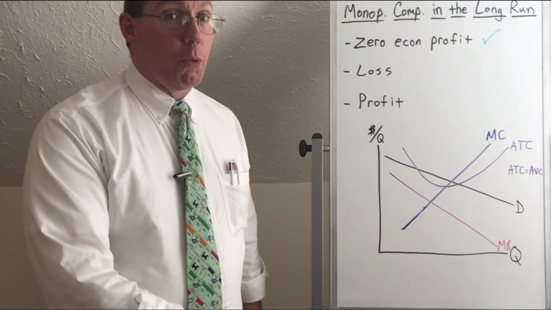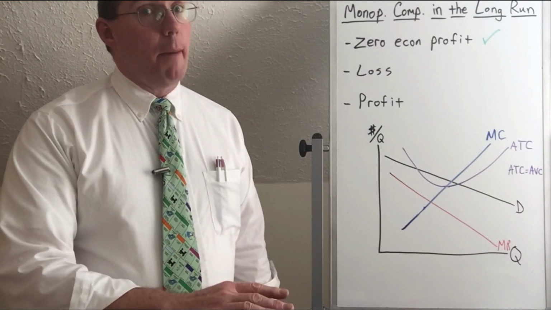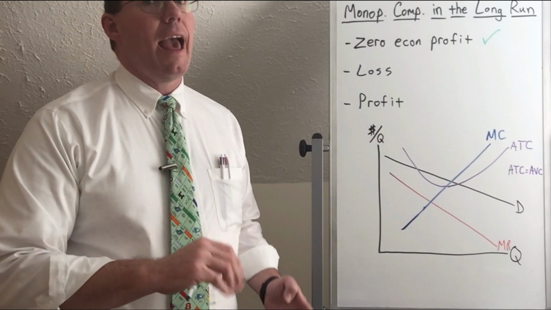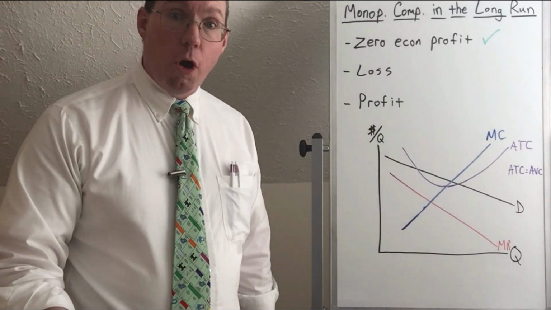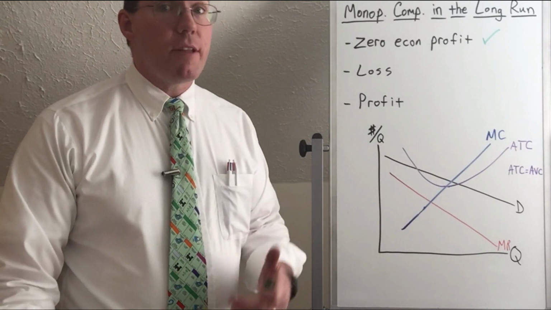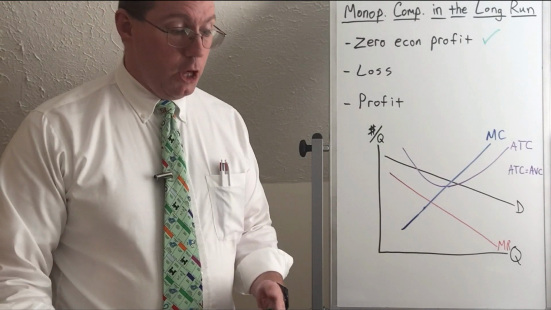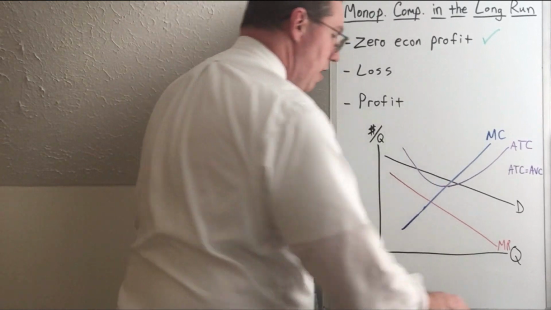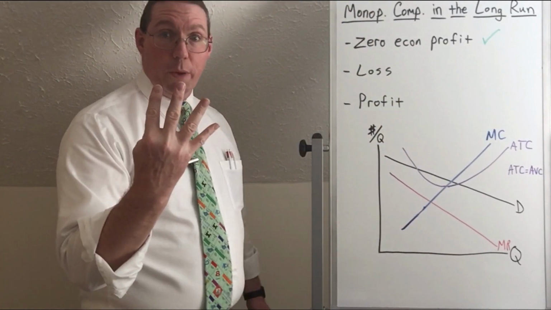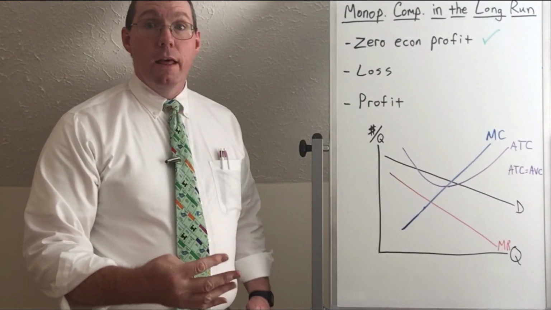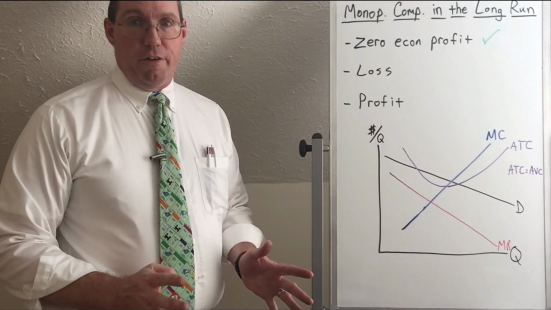Remember, monopolies don't really have a long run. Perfect competition does have a long run, and they lose all of their economic profit in the long run. But also losses. Nobody stays in the market if they're having a loss. So if a monopolistic competitor is earning zero economic profit, if they're breaking even, then the long run isn't going to be any different for them.